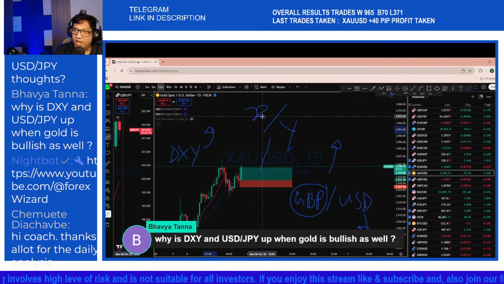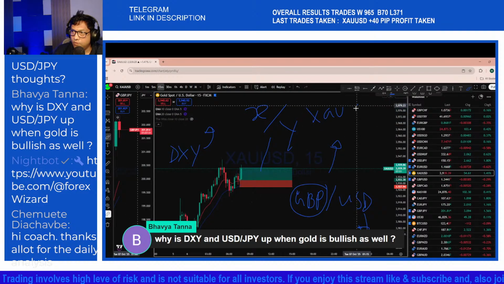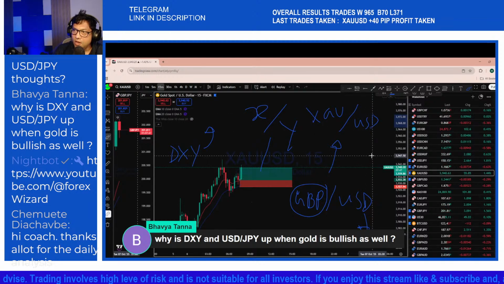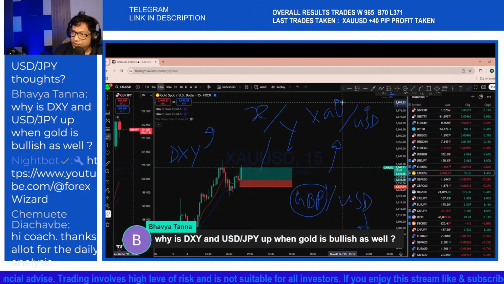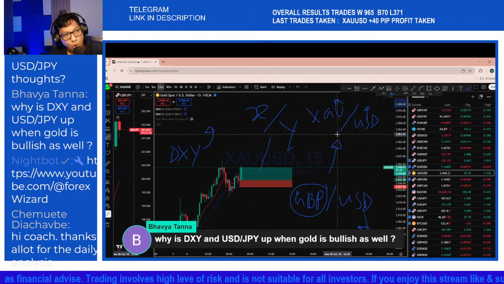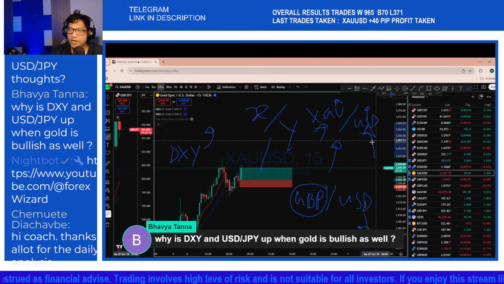Now apply this equation here, XAU, that means gold, divided by USD. If USD is going up and gold is also going up, that means the investment in gold is coming in more than in the dollar.